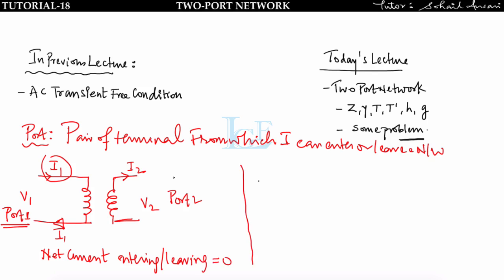Now, why is it necessary to study two-port network? Basically, a two-port network is a way of modeling any system in terms of parameters. We have 6 parameters available: Z parameters, Y parameters, T parameters, T dash parameters, H and G parameters. So any circuit can be modeled in terms of these parameters, and these parameters are independent of how the circuit works.